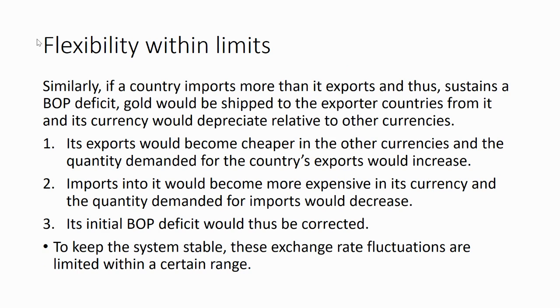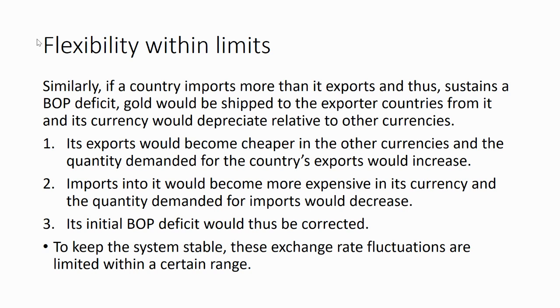Similarly, the opposite works as well. If a country imports more than it exports and sustains a deficit, gold will have to be shipped from it to the exporter countries, and its currency will depreciate relative to other currencies. Its exports will become cheaper in other currencies, and the quantity demanded for this country's exports will increase.